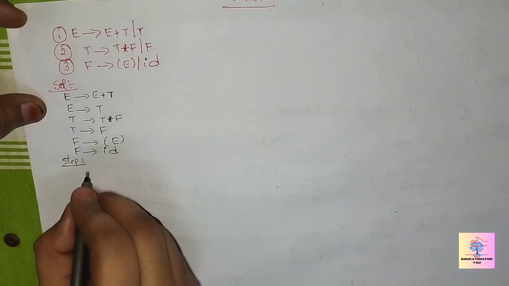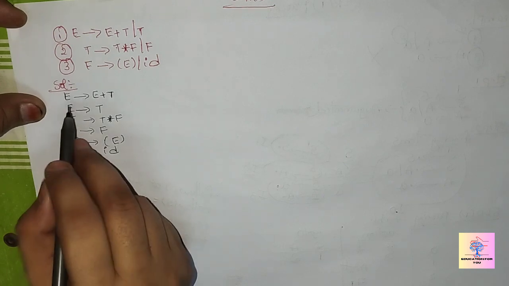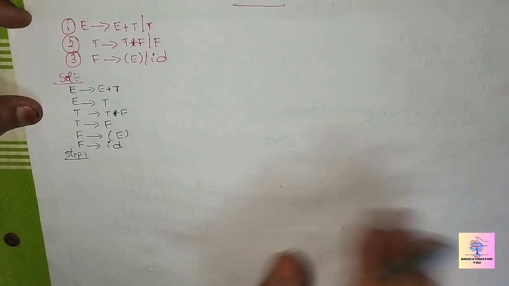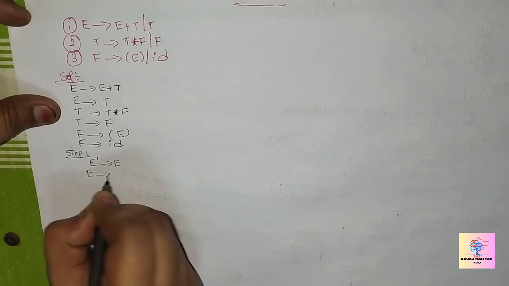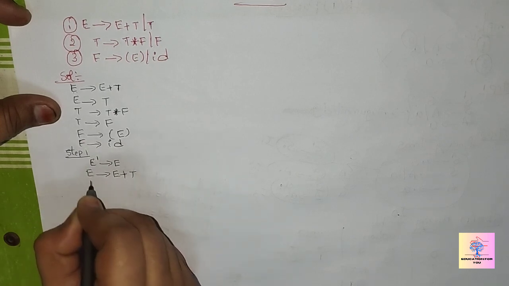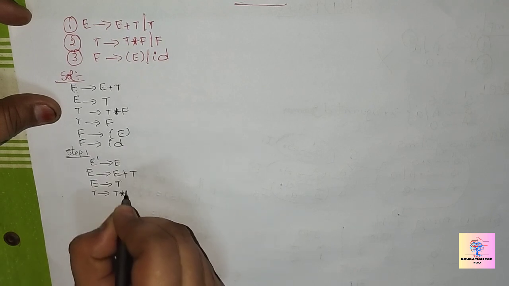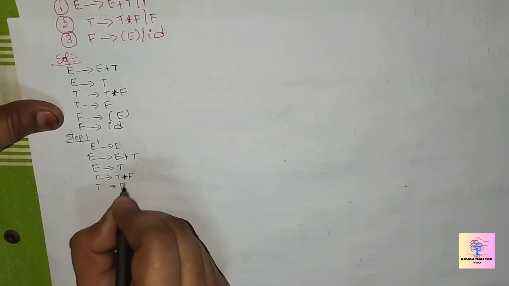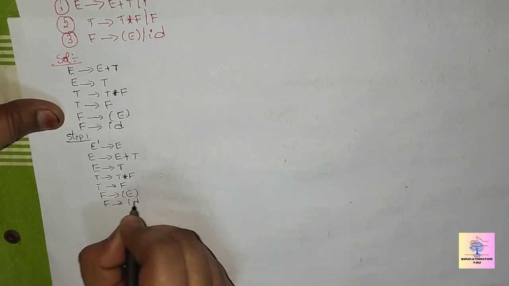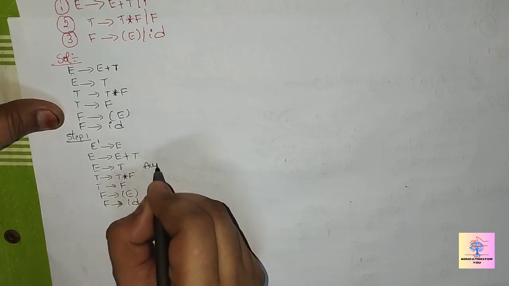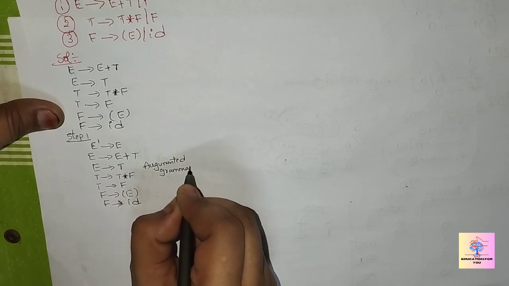The augmented grammar is nothing but introducing an extra production for the starting symbol E. So E dash produces E. E produces E plus T. E produces T. T produces T star F, and T produces F. F produces parenthesized E and F produces ID. So this is the augmented grammar.